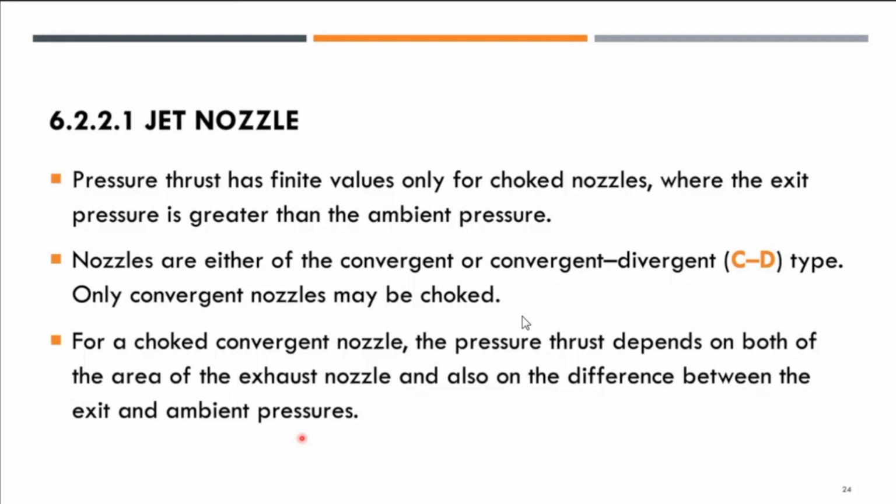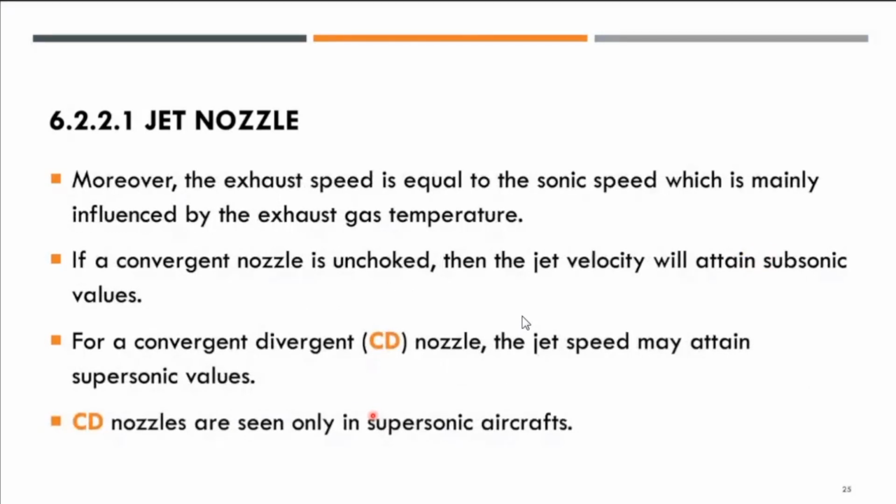So ideally, aircraft engine designers, especially at the nozzle part, want to design a condition whereby the pressure at the nozzle exit is equal to the ambient pressure. And that's ideal, but that's not always like that.